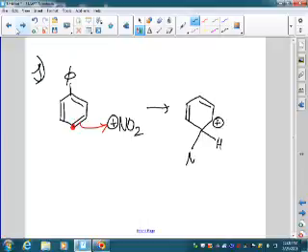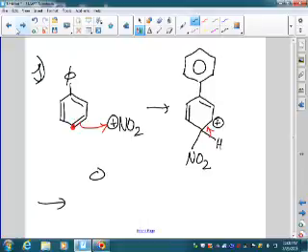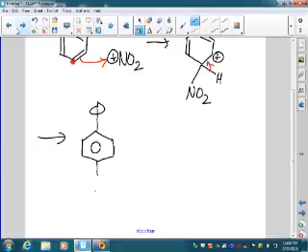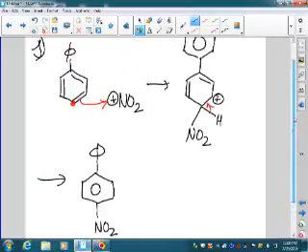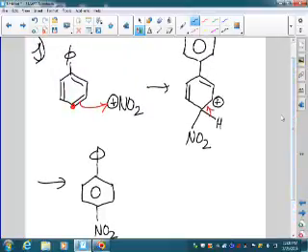Plus on the meta carbon, and we have another benzene ring up here. And then minus H plus. Puts a nitro group on the para carbon to the other phenyl ring. Doesn't matter. Just don't do both. Just one.